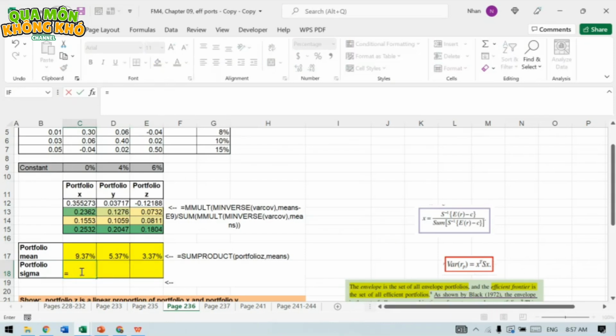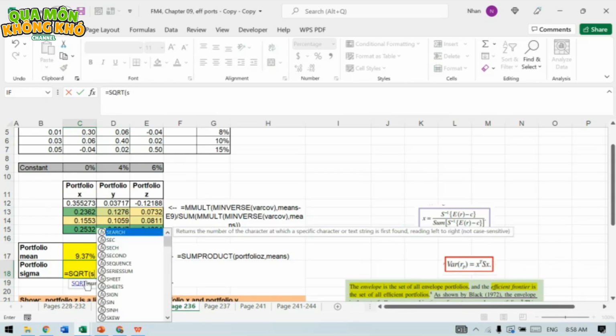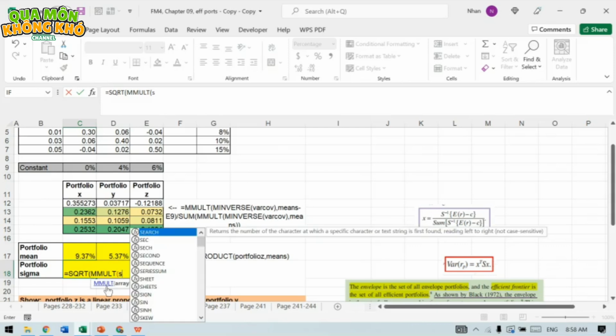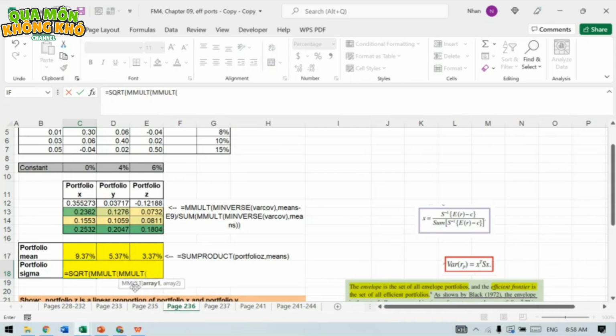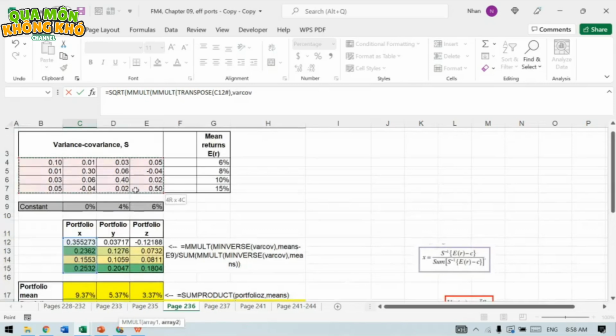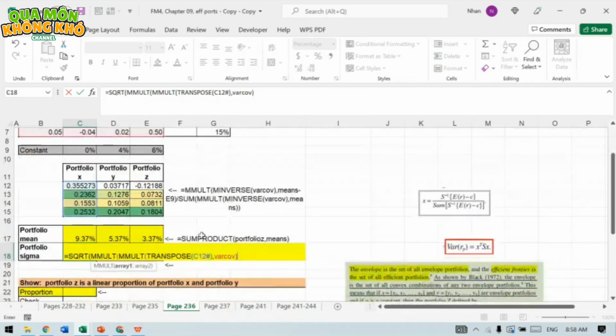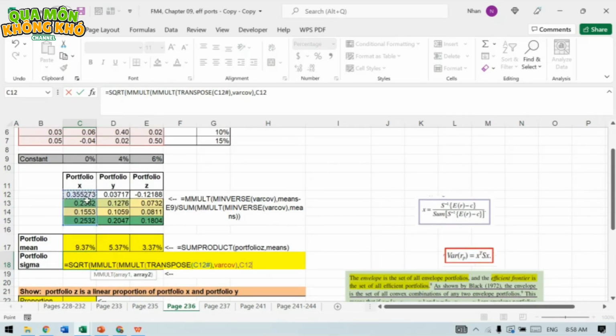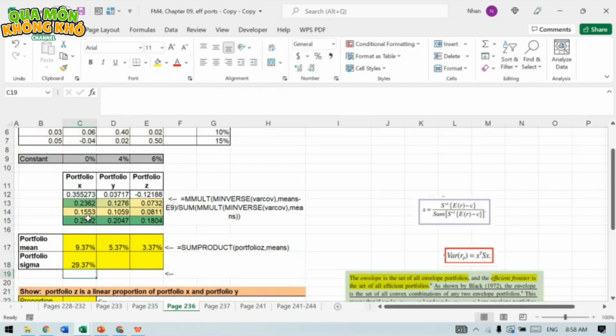And the portfolio standard deviation equals the square root of the variance, transpose of x, and then variance covariance, and then the portfolio S. I will drag it over.